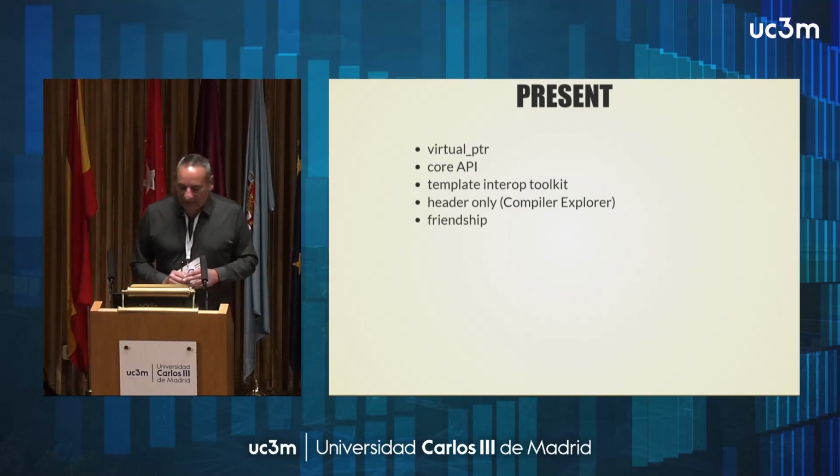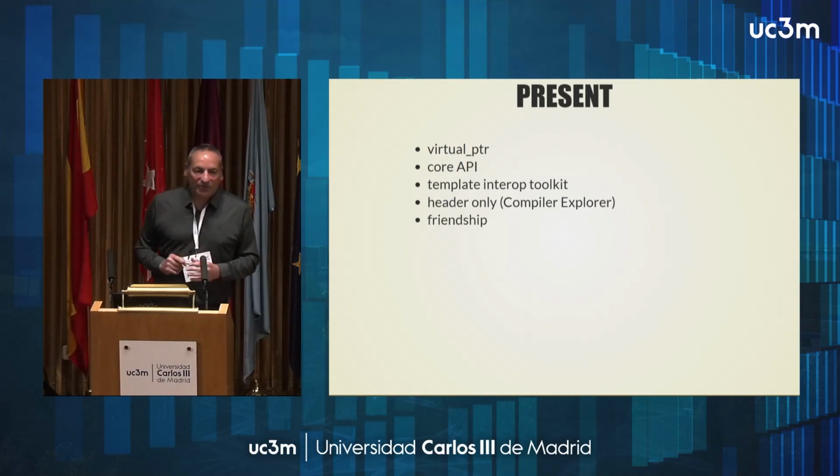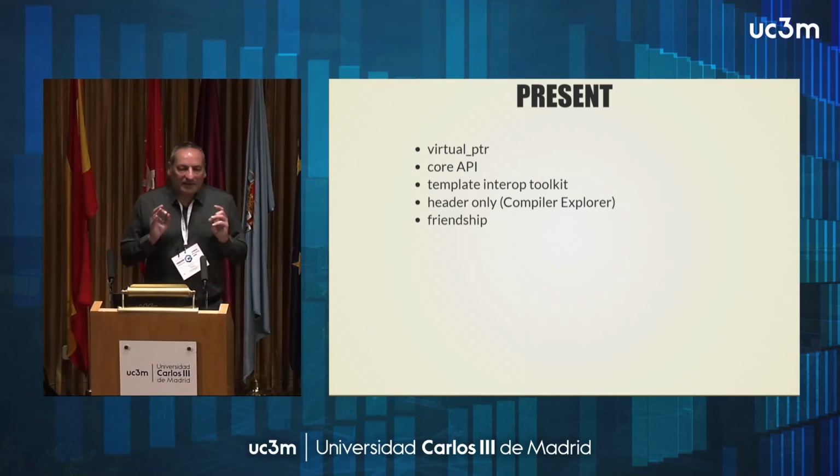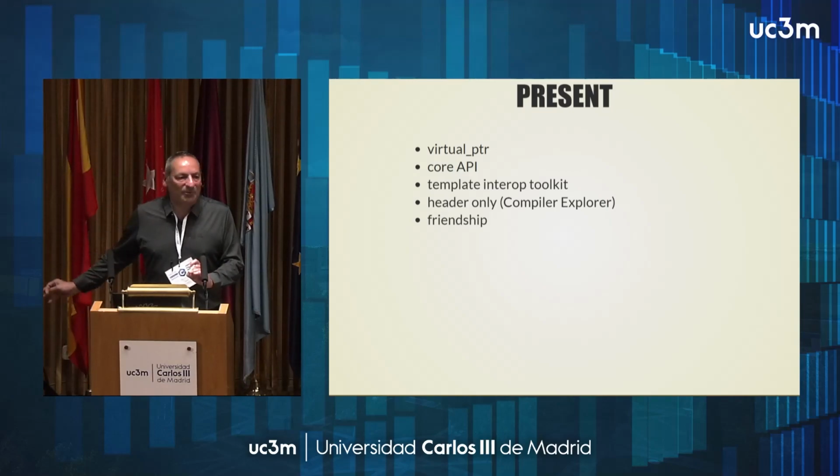A while ago, I implemented support for friendship. Now, this is something interesting. In normal C++, when you want a virtual function, you have no choice but to also get access to the private parts of the class. I mean, why are those two tied? Because virtual functions have got to be members.